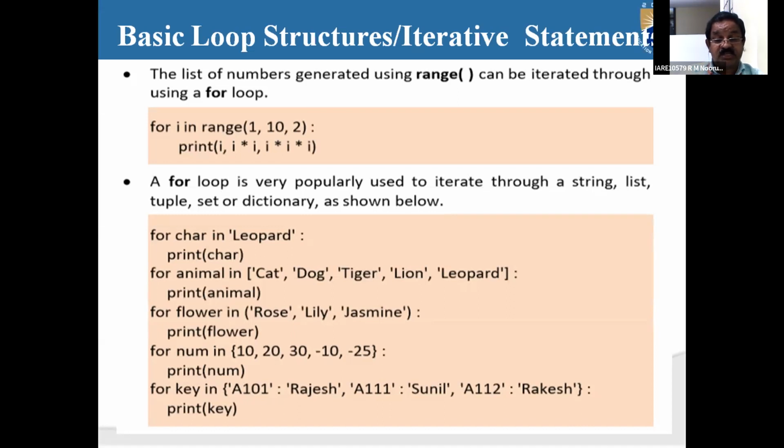Such type of combinations are called nested control statements, meaning a control statement within another control statement. That particular control statement may be either conditional statements with looping statements or looping statements with conditional statements. If you are using such constructs, they are called nested control statements, right?